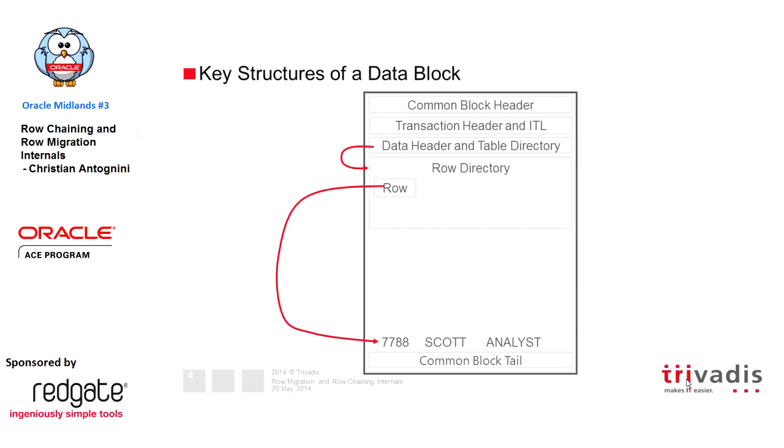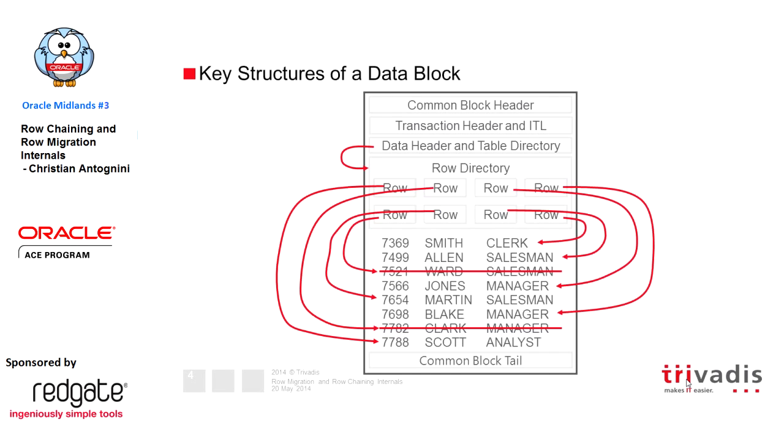For example, I have one row stored there, a second one here. Notice that even if you delete a row, it might stay in the block. It's not immediately deleted; they just set a flag inside the row and the row stays inside the block.